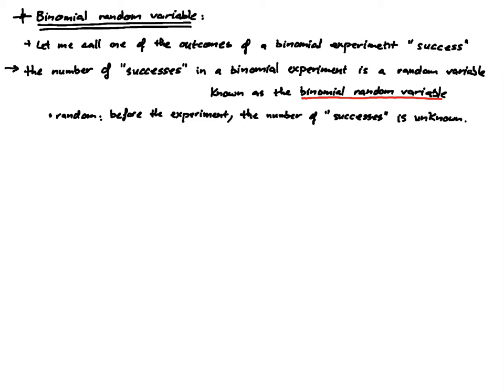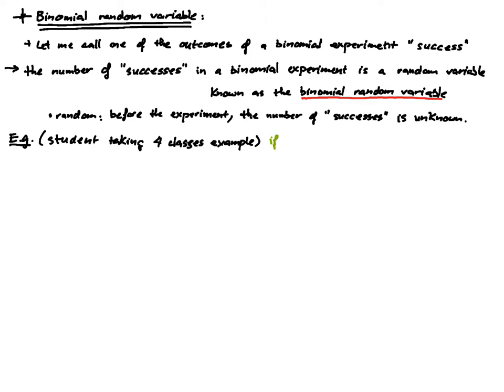is unknown, right? So for example, let's go back to the example we did in the previous video, the student taking 4 classes example. Right?